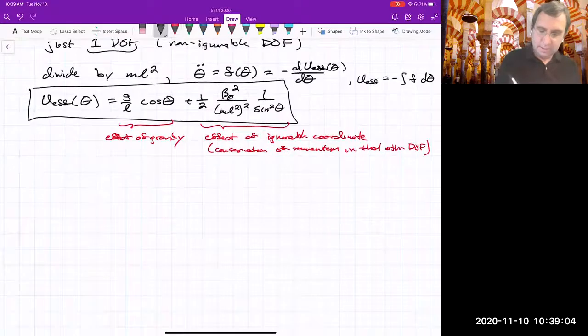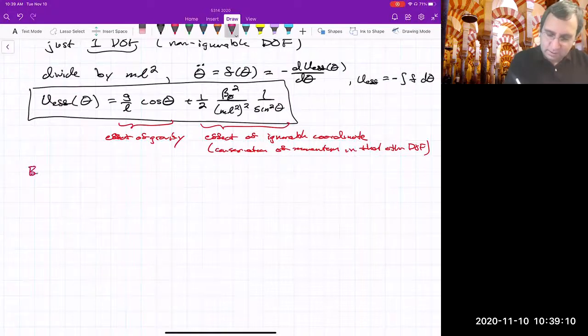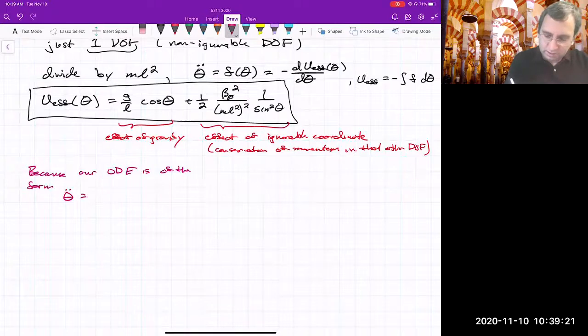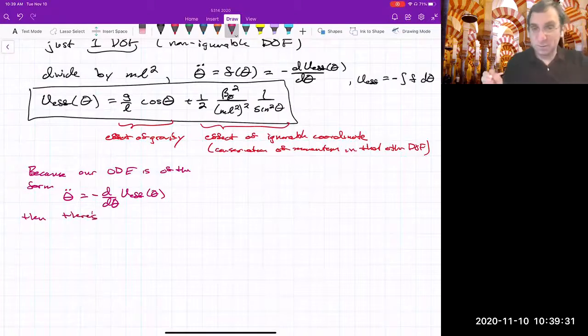And we've said this before, because our ODE is of the form theta double dot equals the negative derivative of an effective potential, then there's actually another conserved quantity.